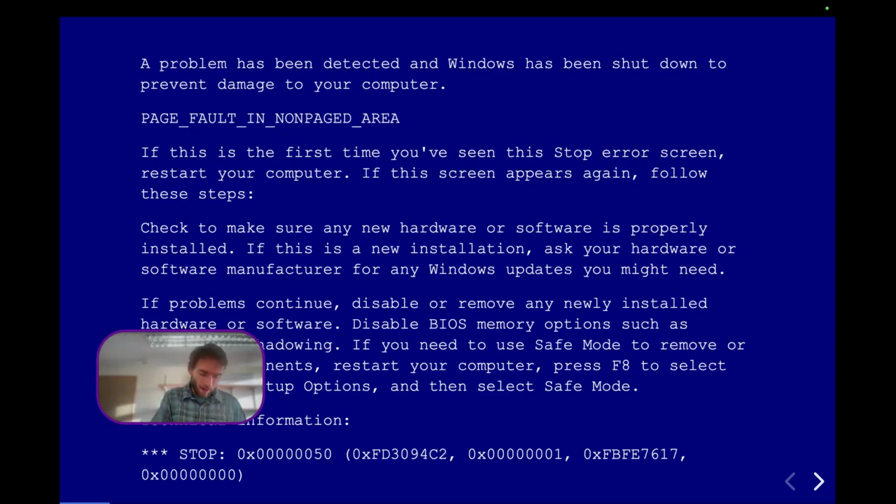In this case, what had gone wrong was that there was a piece of antivirus software that was operating in a protected part of the computer, something called the kernel. And that bit of antivirus software had an error in it. And that error was something that Windows could not close. The result is this blue screen of death.